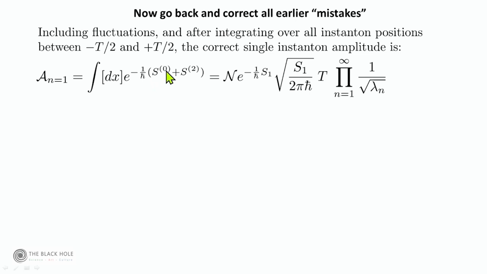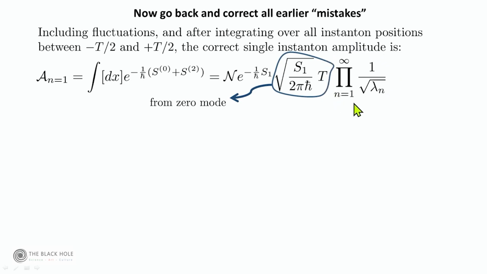And here the lowest order classical solution has been put, which is 1 instanton, S1. And then this part, you just saw, that's from the 0 mode. This t came from integrating over time, from minus t over 2 to plus t over 2.